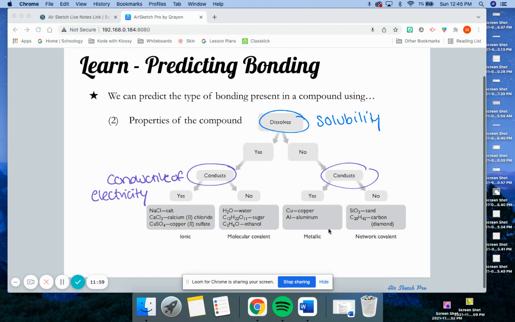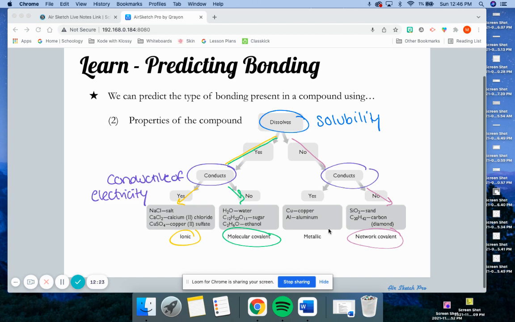So if something does dissolve, it is soluble, and it does conduct electricity, I'm going to be looking at ionic bonding. If it dissolves but it does not conduct, I'm going to be looking at molecular covalent bonding. If it does not dissolve and does not conduct, I'm likely looking at network covalent bonding.